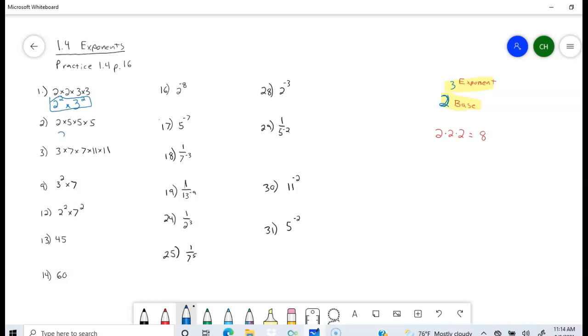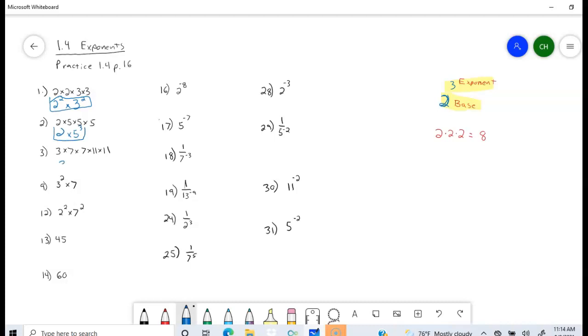We have 2 to the first power. I don't know why this thing's not writing. Okay, so we're going to have 2 to the first power times 5, and there's 3 of them, to the third.